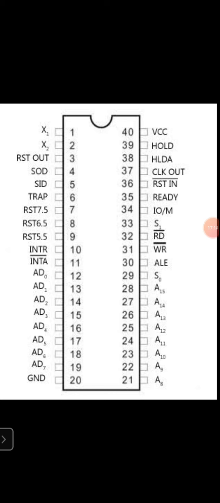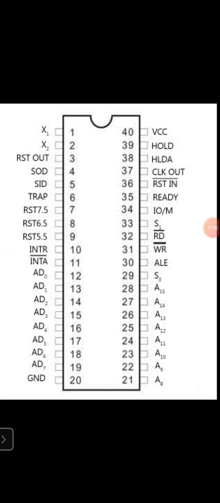And next, coming to the 11th pin, INTA bar. We pronounce this pin as INTA bar, not INTA. It must be pronounced INTA bar. INTA bar means interrupt acknowledgement.